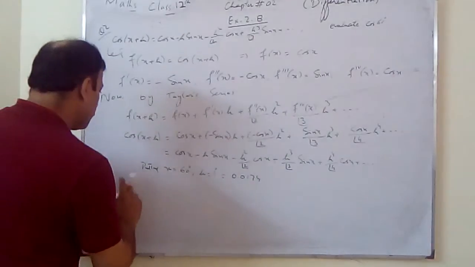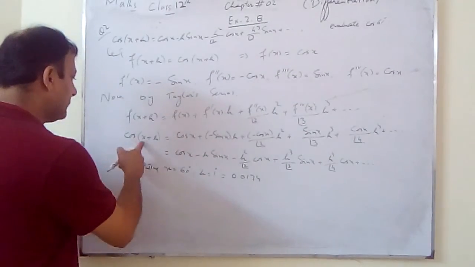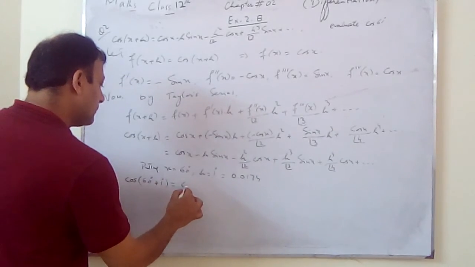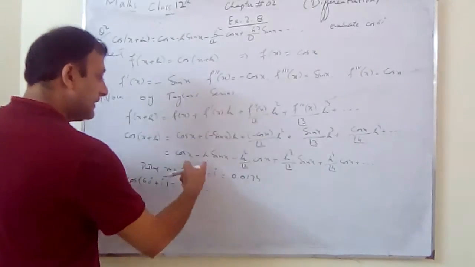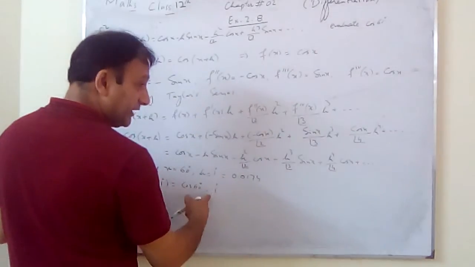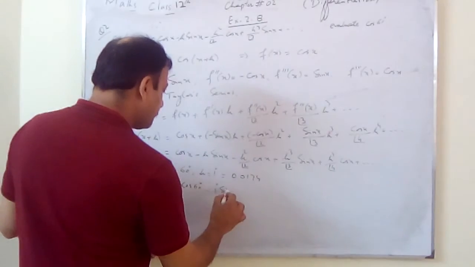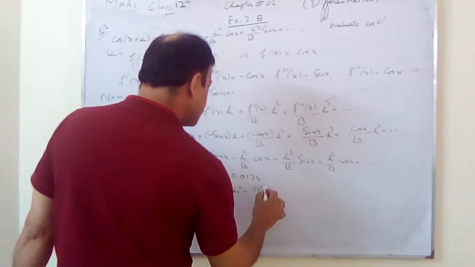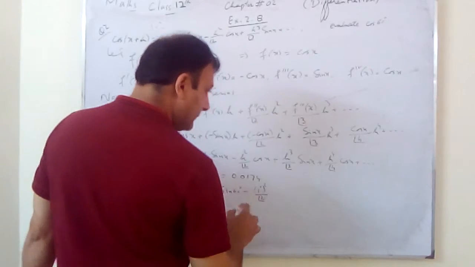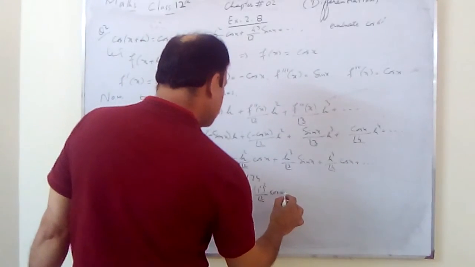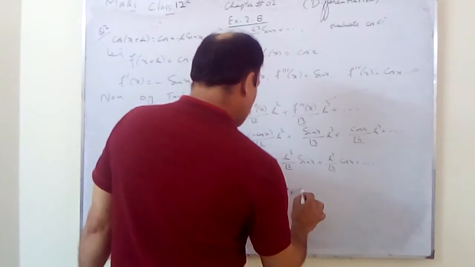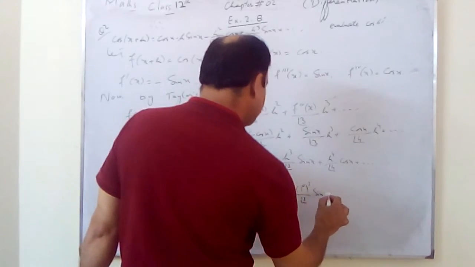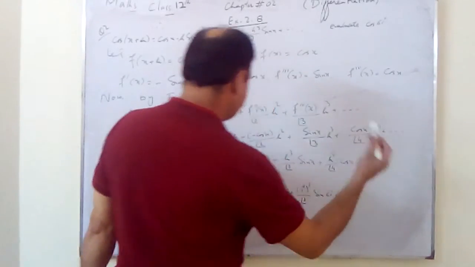Here we put the value: cos of 60 plus 1 degree is equal to cos 60 degree minus h, 1 degree, it is degree not one value, sin 60 degree minus h 1 degree whole square divided by 2 factorial into cos 60 plus 1 degree whole cube divided by 3 factorial sin 60 plus so on.